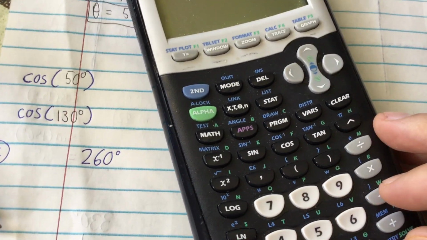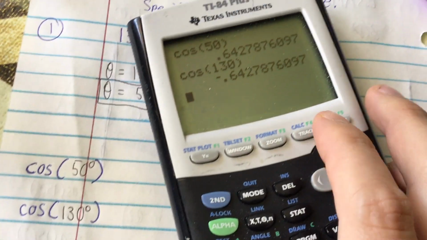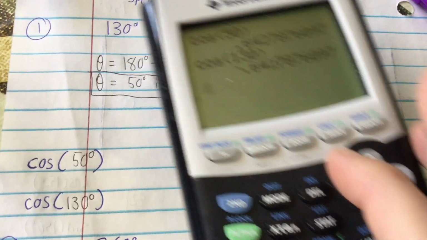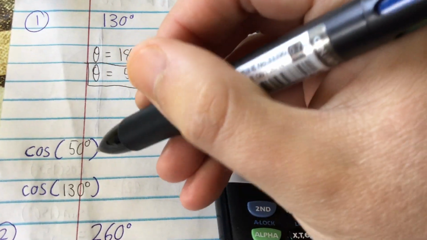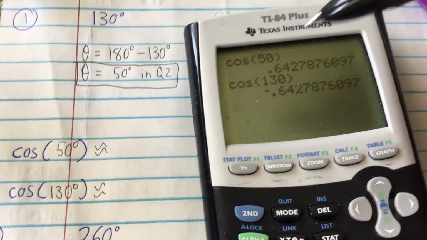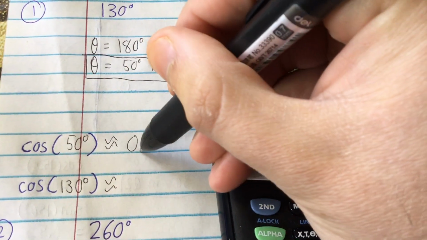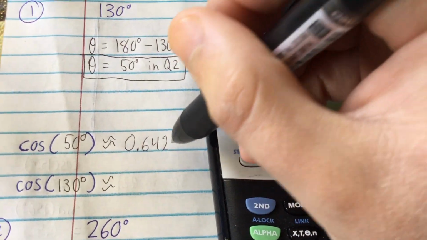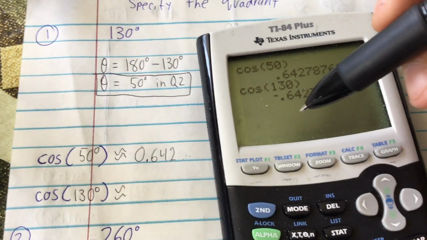Notice I don't really care too much about what the decimals are, but I care about whether the digits are very, very similar. Yes. So approximately 0.642.